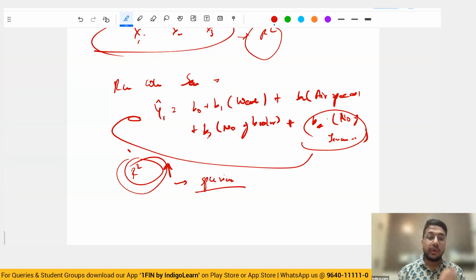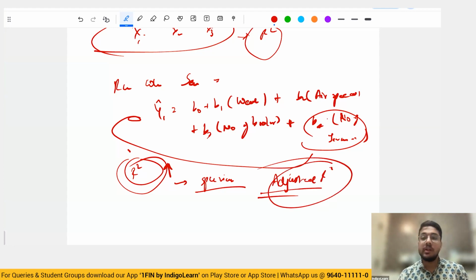Right? So in order to remove such stupidity in the model, in order to remove any variable which is not relevant to the whole analysis, in the case of multiple regression, not linear, instead of R square we use another term, which is called adjusted R square.